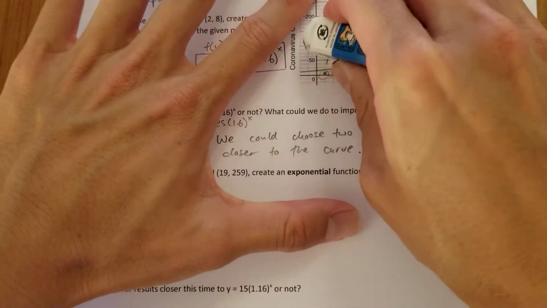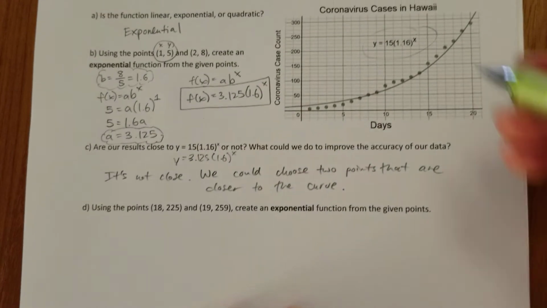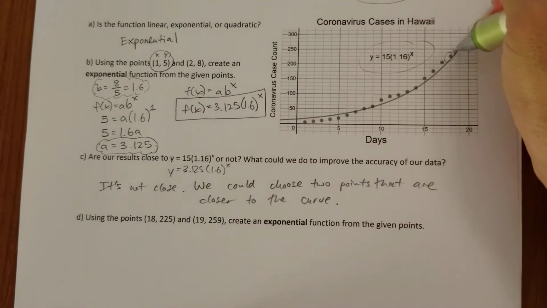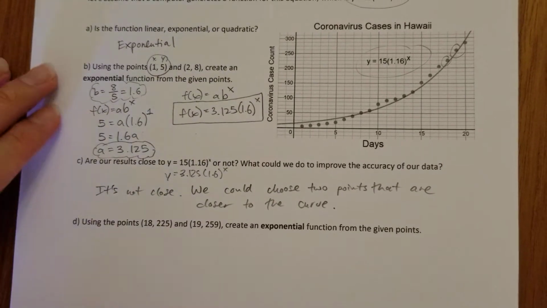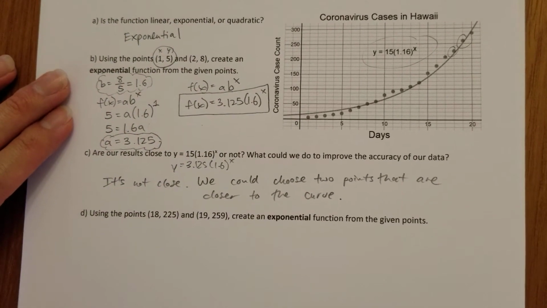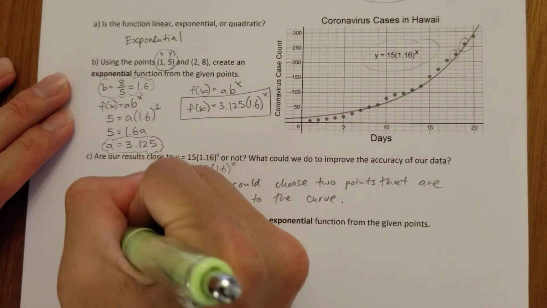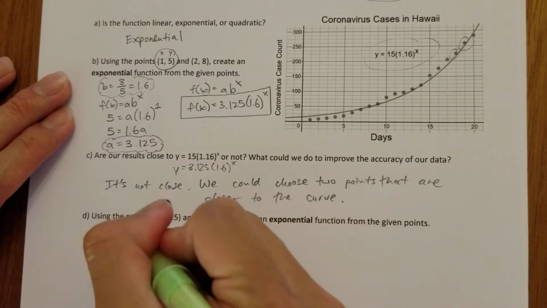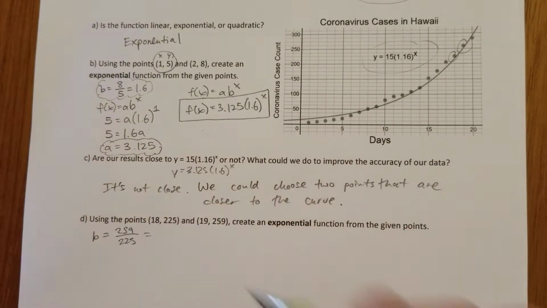In letter D, instead of choosing these points, what if we chose these two? That's the points (18, 225) and (19, 259). I want to create an exponential function from those given points. What I see is that our ratio is going to be 259 divided by 225.